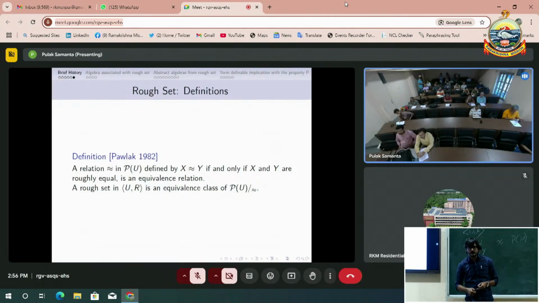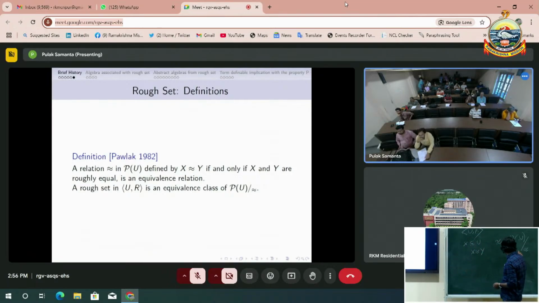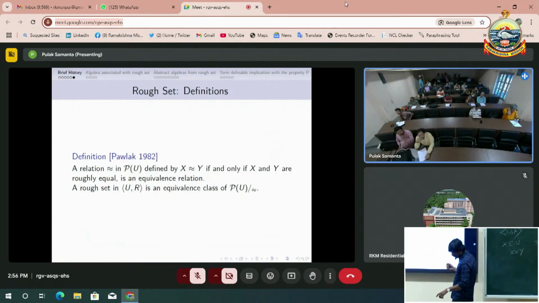It is very easy to check that this relation is an equivalence relation. So the entire power set is partitioned by it, and a class corresponding to this equivalence relation is a rough set. We take the definition of rough set here in this way.